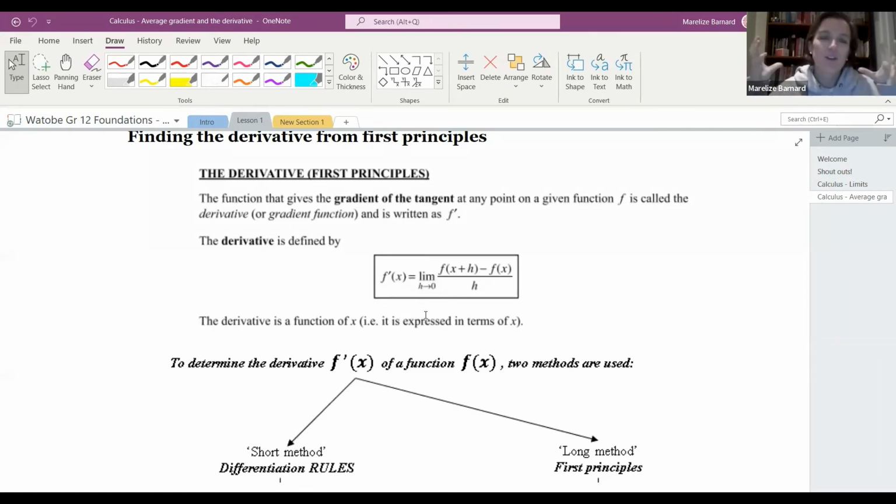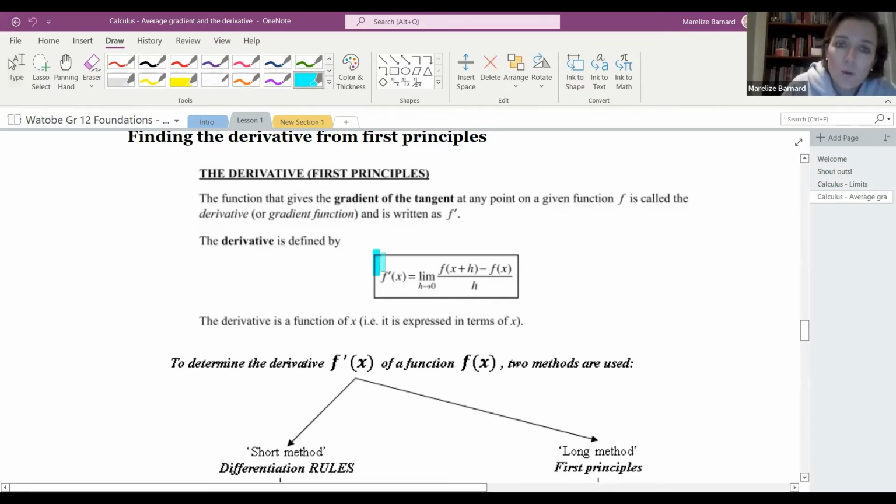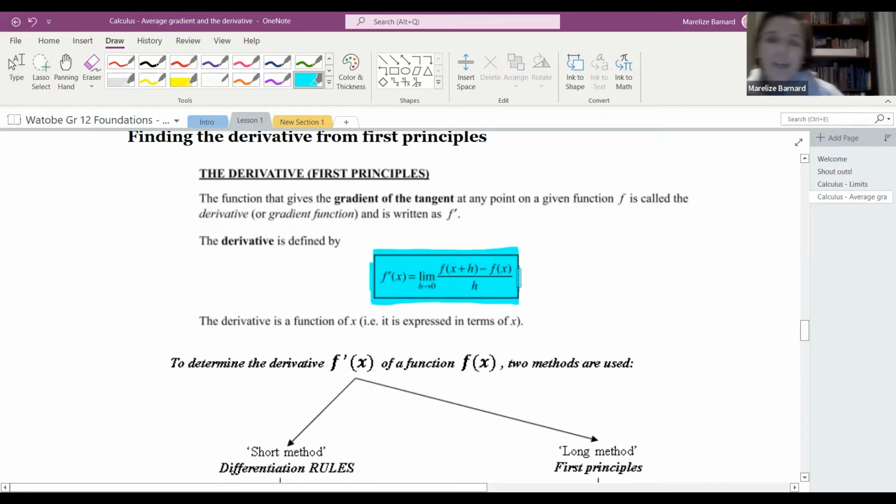When he first thought of calculus and this idea of the gradient of a tangent at a specific point, this was his idea and this is the formula he used. This formula is on the formula sheet that you get with your grade 12 exam, so if you have one with you, you can look it up.